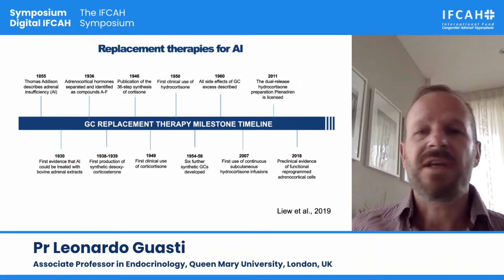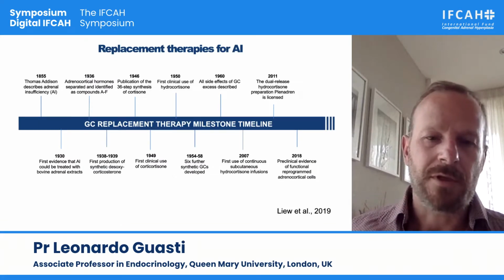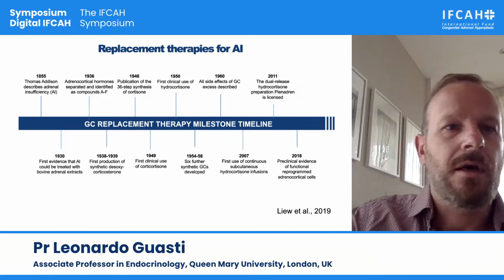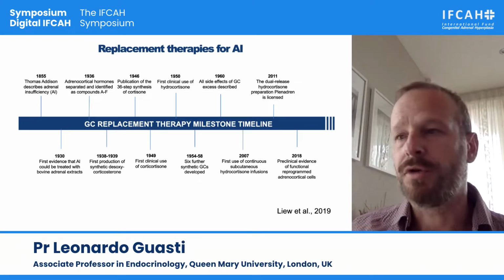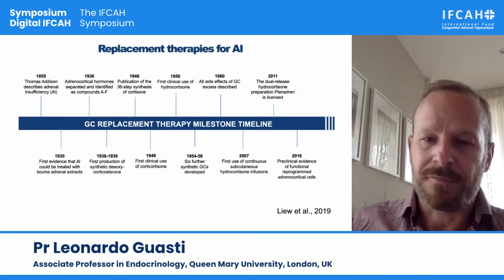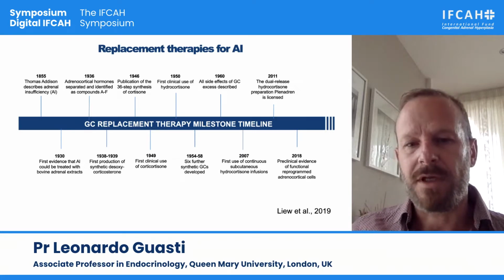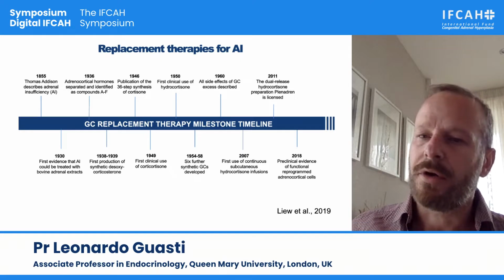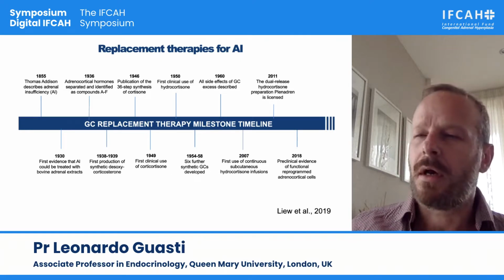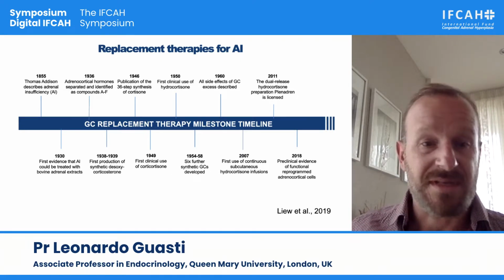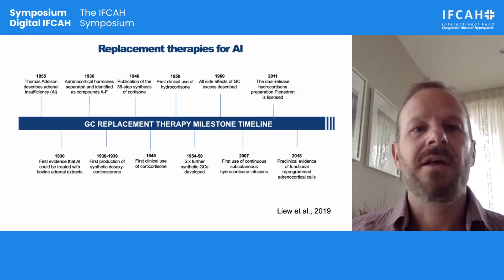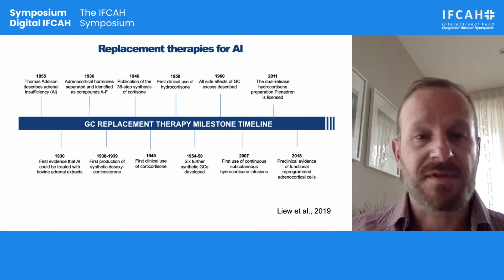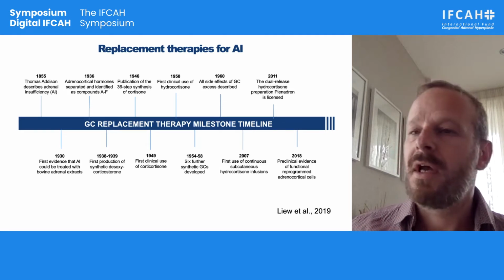Since the original description of adrenal insufficiency by Thomas Addison in 1855 at King's College in London, there has been an exponential growth in the understanding of how adrenal insufficiency could be treated with replacement therapy, as you can see in this timeline where the main milestones and discoveries are reported.